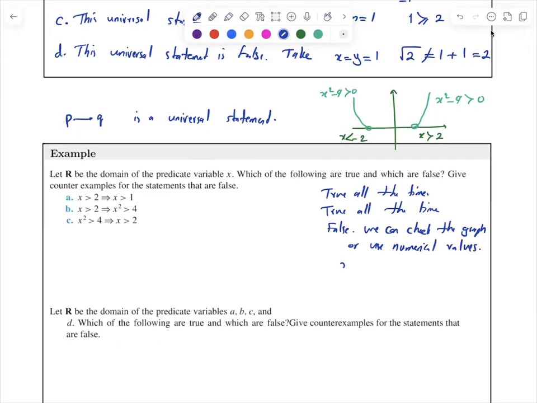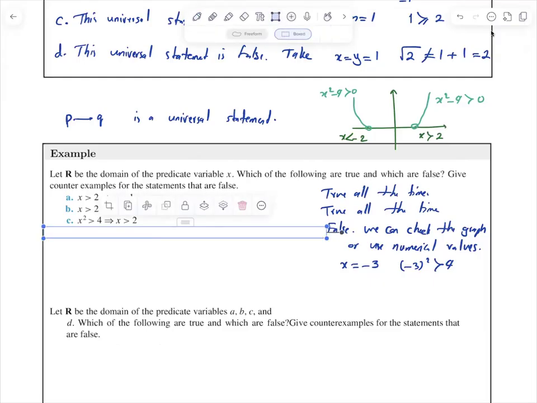You might say, hey, let's take x to be, for example, -3. Like x is -3 and -3 to the power 2 is more than 4. Obviously, 9 is more than 4. But it doesn't imply that x is more than 2, right? So this is a false statement.